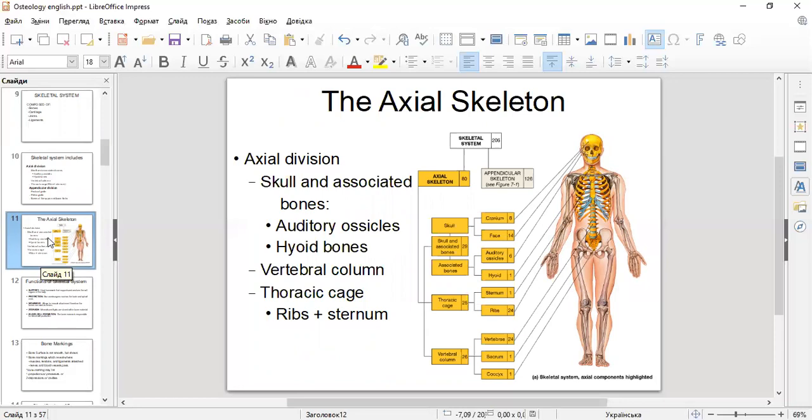You can see all structures of the axial skeleton. We have the axial division and can see the skull together with auditory ossicles and hyoid bone, vertebral column, ribs, and sternum.